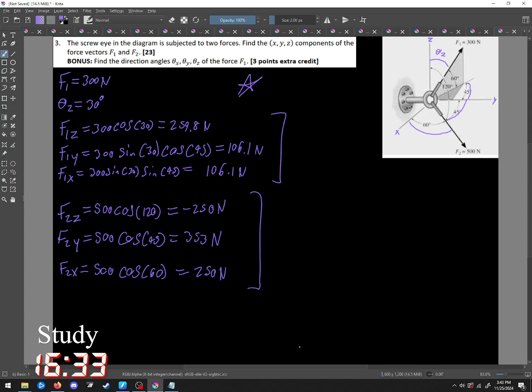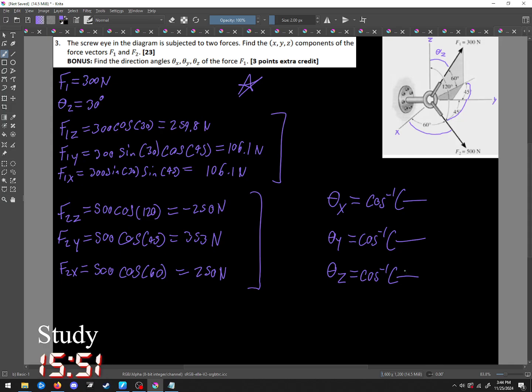Okay, and then the bonus. I think I did get the bonus for this one. I did the test. We're going to have theta x, theta y, and theta z. These are definitely worth putting on the note sheet. It's going to be cosine inverse, and cosine inverse. Can be a bunch of cosine inverses.